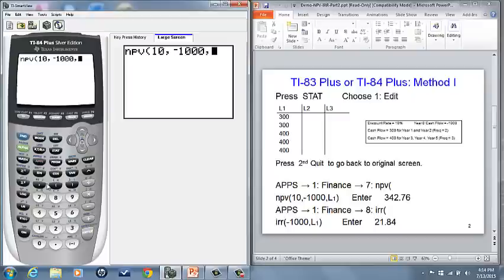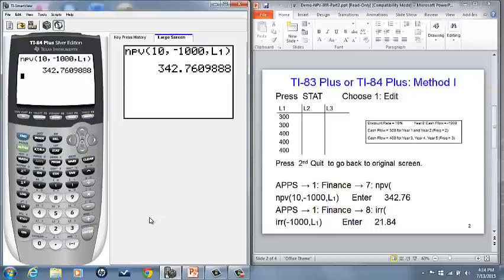We stored that data in the L1 list, so we press 2nd 1, which means L1, then close the parentheses and press enter. It will show us the NPV equal to 342.76, rounded to 2 decimal places.